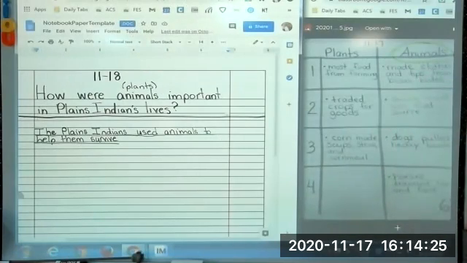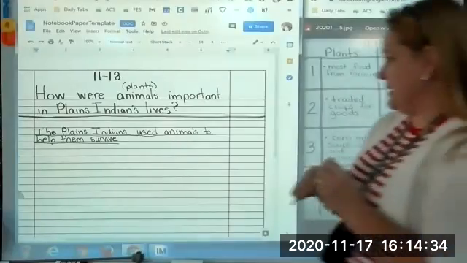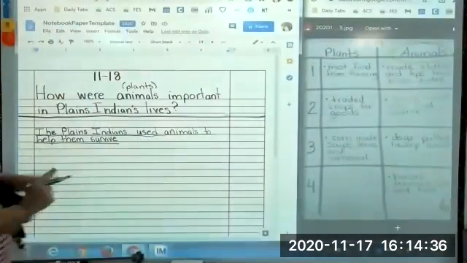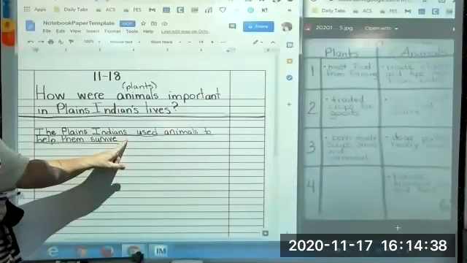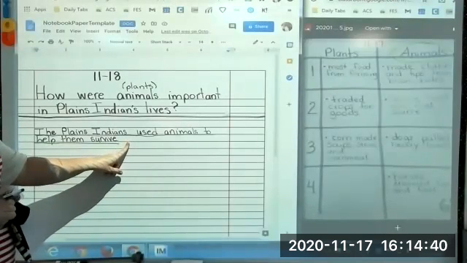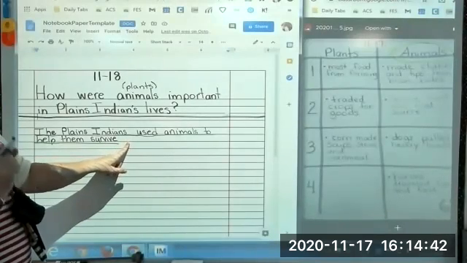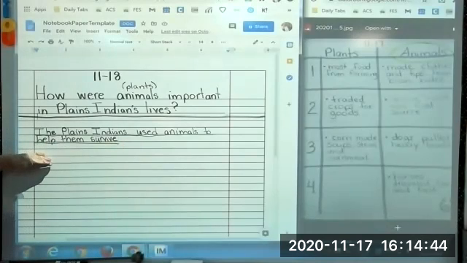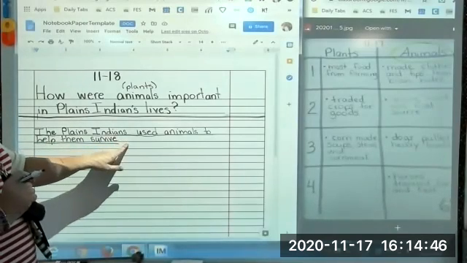So I want to talk about how the bison meat was their main food source and how they made clothes and teepees from bison hide. So I'm going to start right here because remember, this is a paragraph. We're writing it the way it would look in a book. I'm not going to start down here. I'm going to start right here.